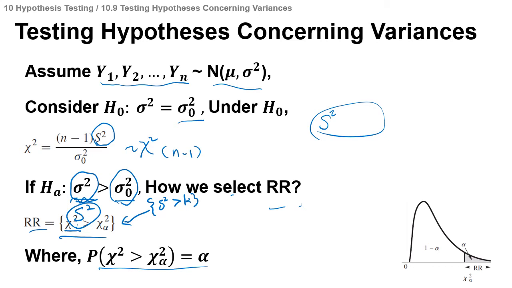This is the chi-square distribution, and you can calculate the alpha level rejection region using this table, or you can use qchisq and pchisq in R. Anyway, you can calculate this chi-square alpha using R, just like before, and do the hypothesis testing.